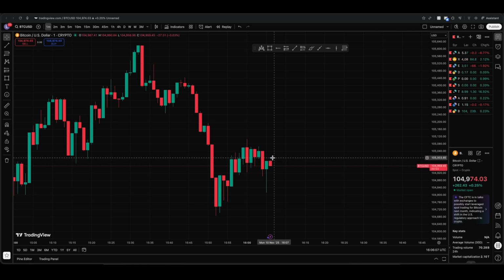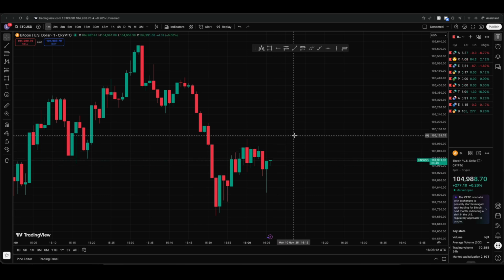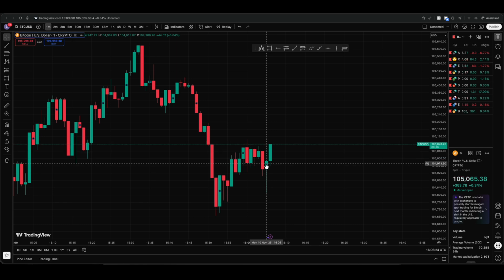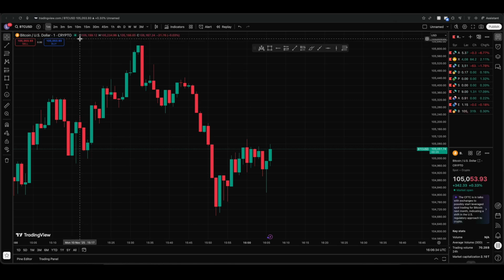So now let's come back to the chart. If we see this green candle, on the top left of the screen there is O, H, L, C, OHLC. What does this mean? O is for opening, H is the highest point of the candle, L is the lowest point of the candle, and C is the closing point of the candle.